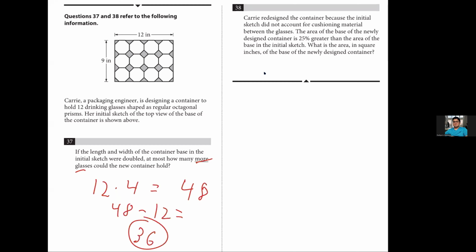What is the area of the base of the newly designed container? The base is basically this entire thing. So we do 12 times 9, which is 108, which is the original, and then we multiply it by 1.25 because this is 25% greater, which gets us 135. So the correct answer is 135.